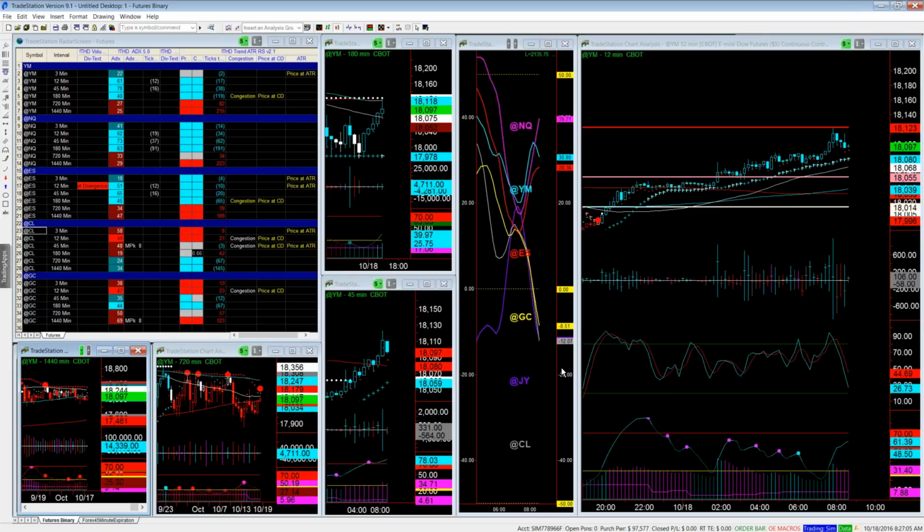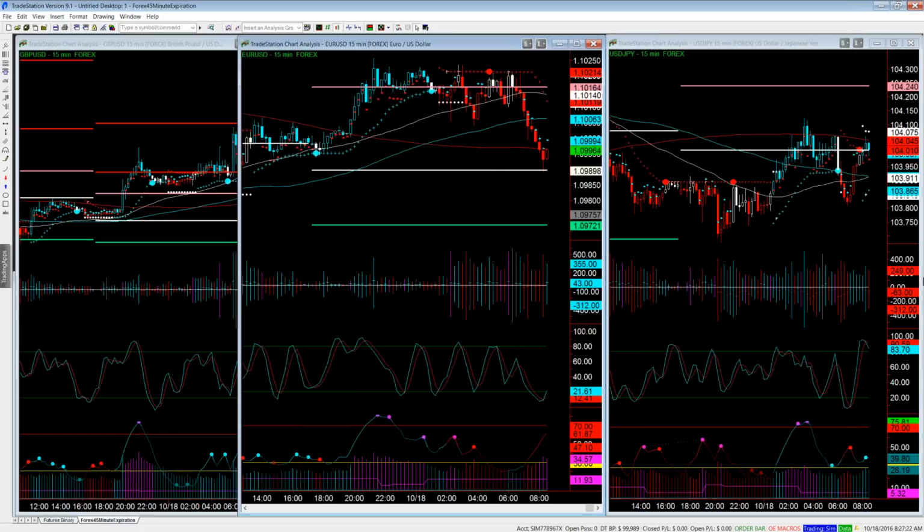But this is where the market report may move this down. We just don't know yet. But I wouldn't be taking it until that congestion dot was broken. It did break it on the 45 minute, but it hasn't broken it on the other one yet.